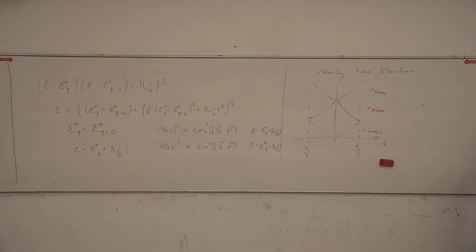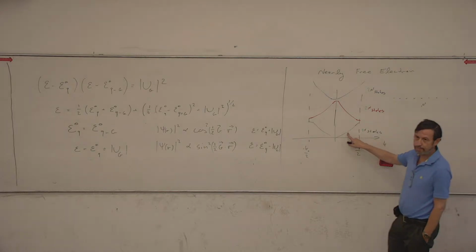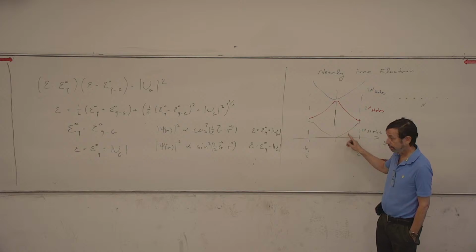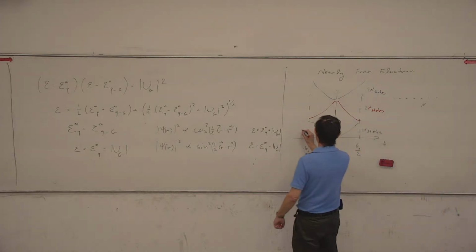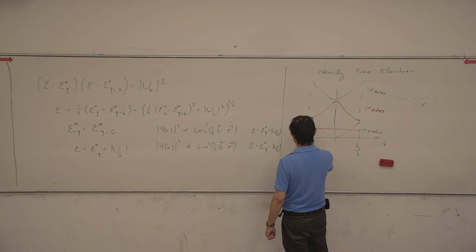Now let's assume I have 1 free electron per atom. These are my atoms. Where will be the Fermi energy? Exactly after I fill up n states. So, the electron per atom.